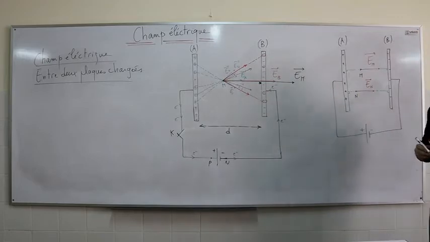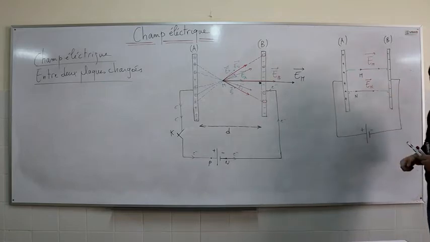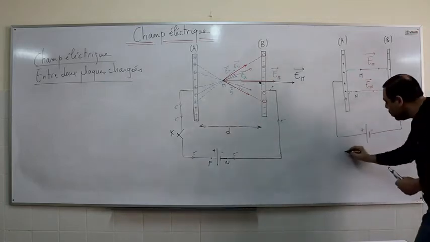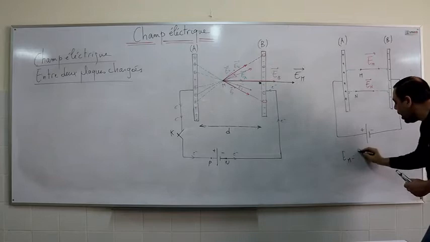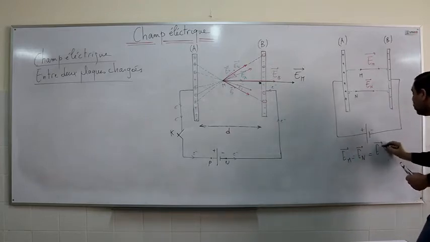We can show that all the electric field vectors are equal. E at M is equal to E at N is equal to E.